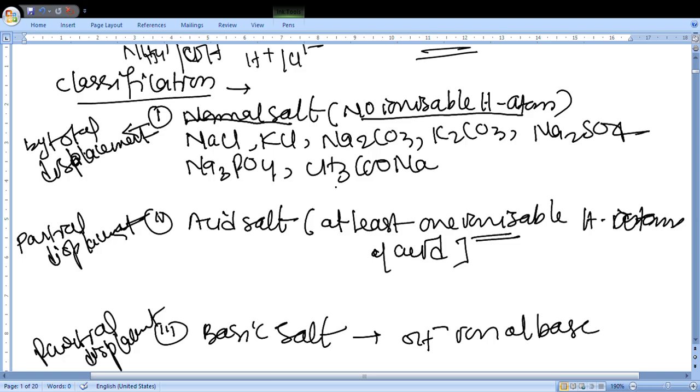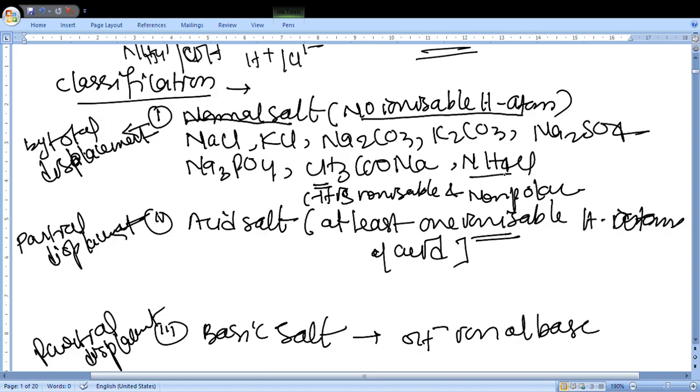No. Why? Because the CH bond is non-ionizable and non-polar. So these are the normal salts. NH4Cl. So these H are of NH4, not of acid. And ammonium sulfate, (NH4)2SO4, etc. These all are normal salts.